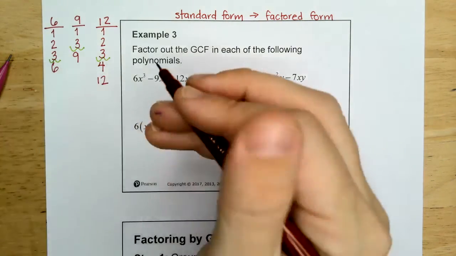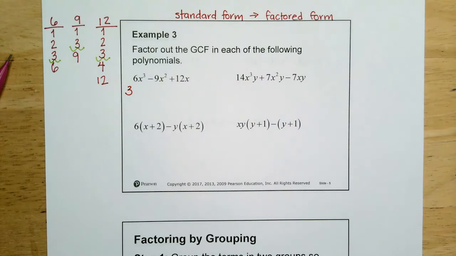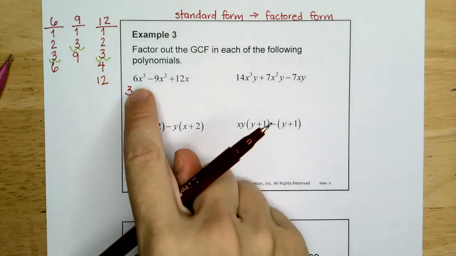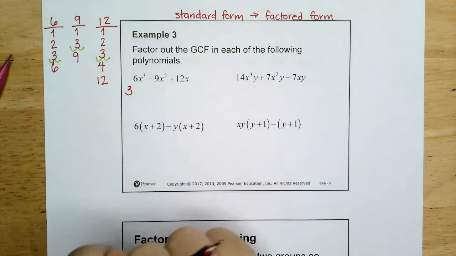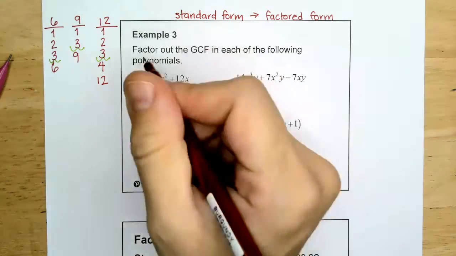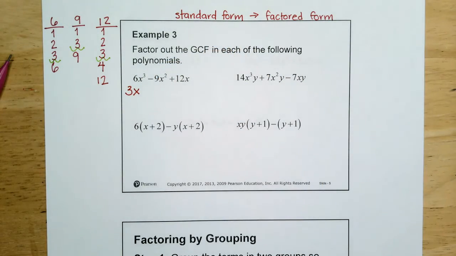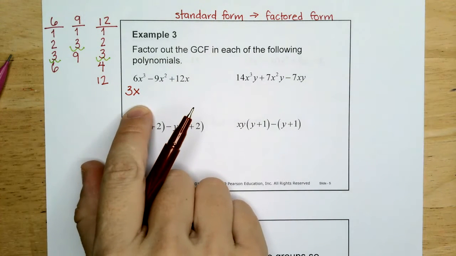The numerical coefficients, it's 3. And then for the variable factors, we have x to the 3rd, x squared, and x. What's the biggest exponent we have? The biggest exponent is just 1. x to the 1st power. Okay, so that is our greatest common factor.